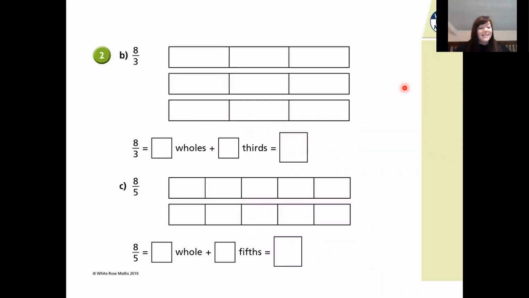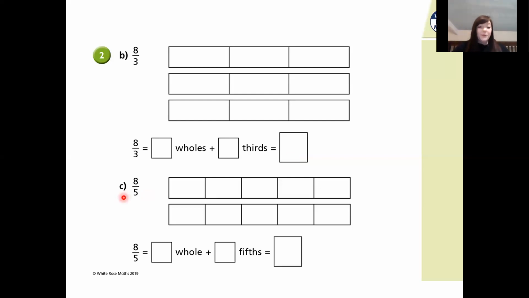Okay, it's the exact same for these two questions. So draw out your bars if you don't have the sheets. You need to split this one into thirds because it's asking you for 8/3. You need to shade in 8/3, and then you need to fill in this sentence below. So count how many wholes you end up with, and then count how many parts you're left with, and then write your fraction.